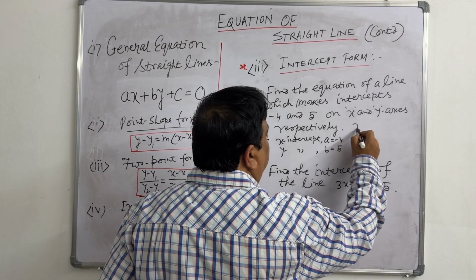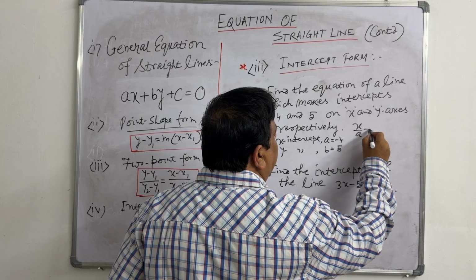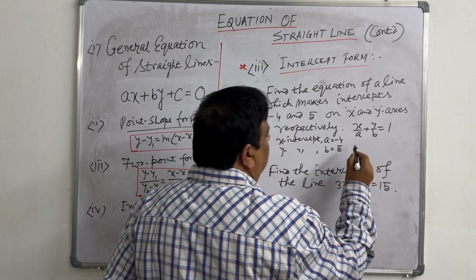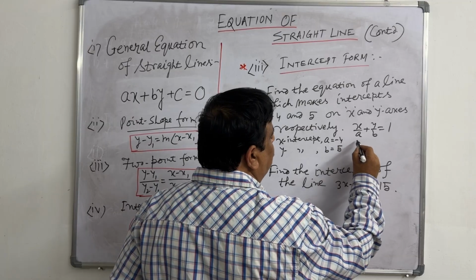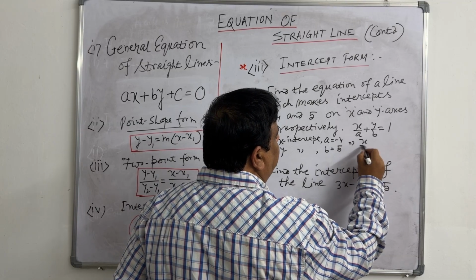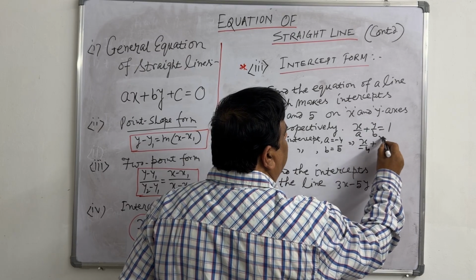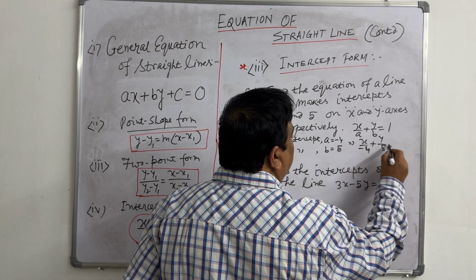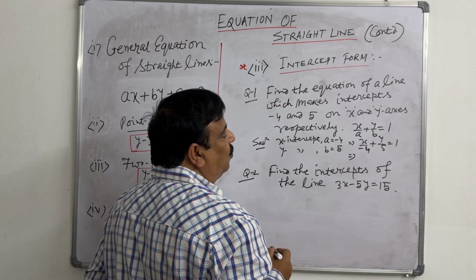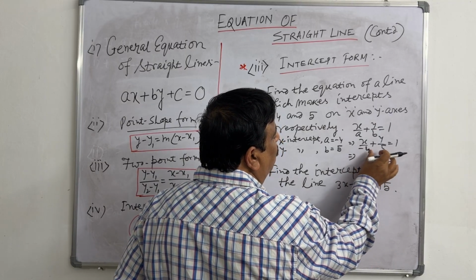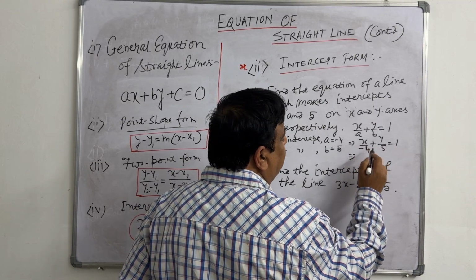We know the equation is x by a plus y by b is equal to 1. Put a is equal to minus 4. So x by minus 4 plus y by 5 is equal to 1. If you multiply both sides by the LCM, what is the LCM of 4 and 5? 20.